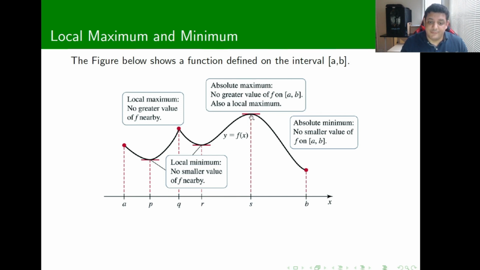Also, the value at S is a local maximum, and when compared with the other values, we see that this is the biggest, so that's going to be the absolute maximum. So now we get an idea that the absolute maximum is the greatest value among all the local maximums as well.